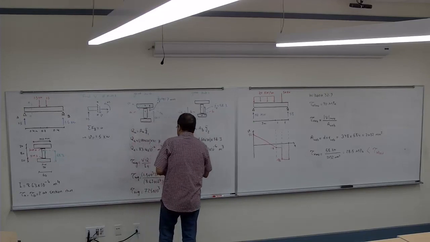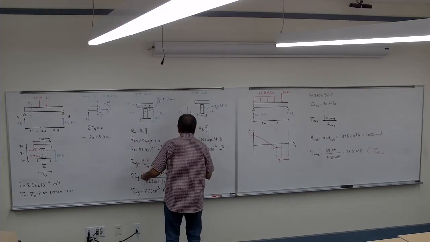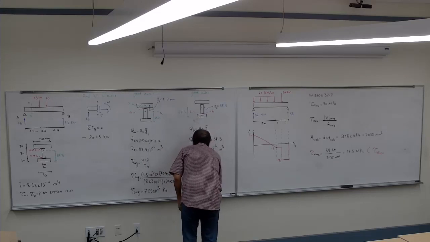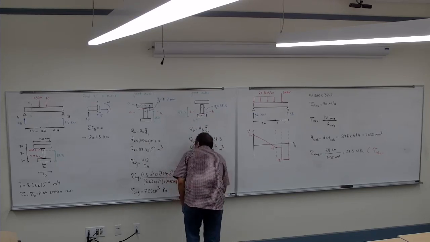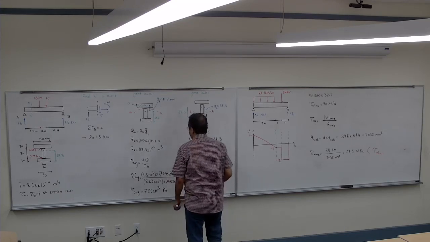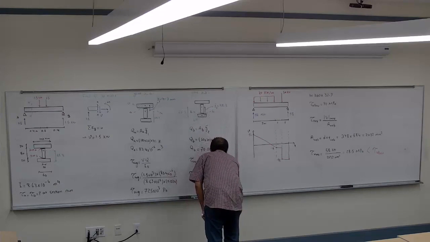Now that I have the Q, the tau average is the same as that. So it's VQ divided by IT. The V would be the same, so 1.5 times 10 to 3. The Q is the one that's changing. It's 70 times 10 to negative 6.